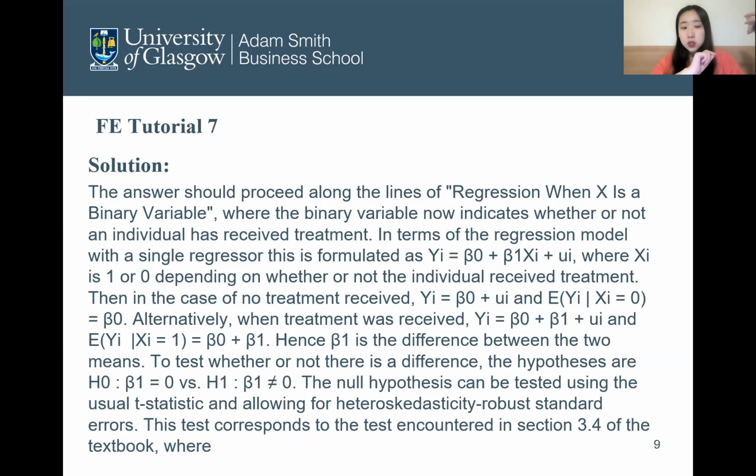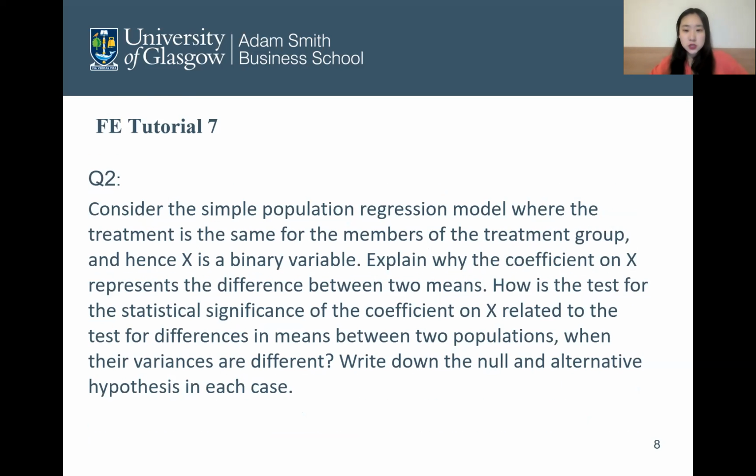But if beta 1 is not equal to 0, the difference is beta 1, so they're not the same. We just want to figure out whether there are any differences or not. So the null hypothesis can be tested using the usual t statistic, allowing for heteroscedasticity-robust standard errors.